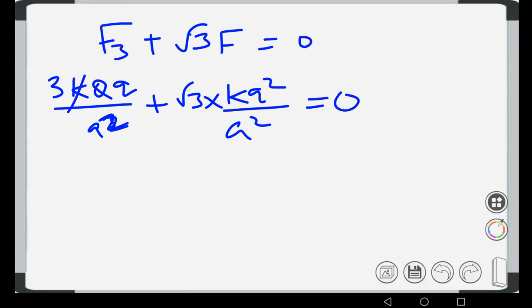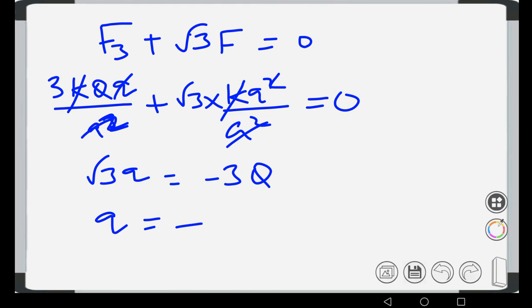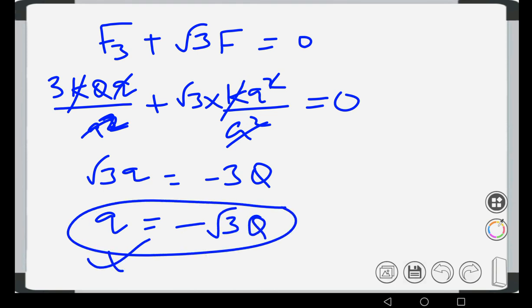If we take k out common and cancel it, q cancels out, a square cancels out, what do we get? We get root 3 q equals minus 3 capital Q, or simply small q equals minus root 3 capital Q. So this is the relation between small q and capital Q for which the entire system remains in equilibrium.